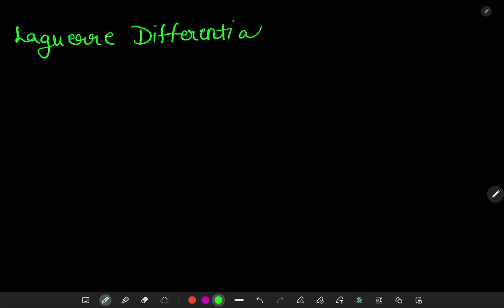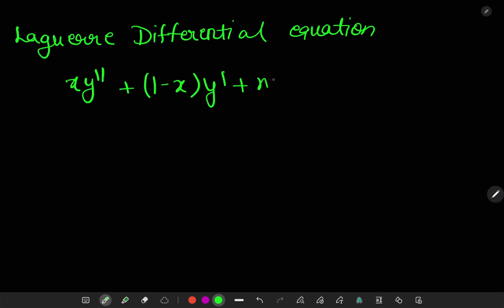Now another topic is Laguerre differential equation and Laguerre polynomial. Laguerre differential equation: here this is a second order differential equation, and this is x y double dash plus 1 minus x y dash plus ny equals 0.